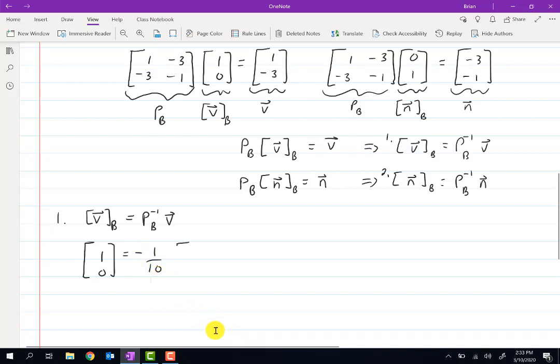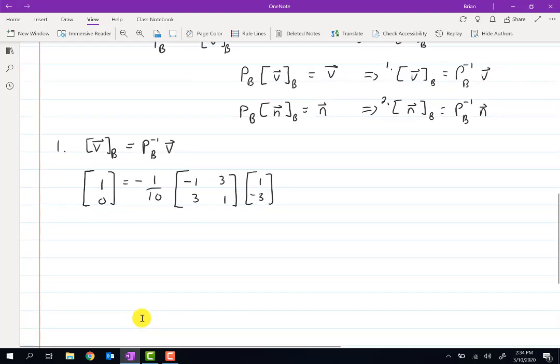The inverse of a 2 by 2, you remember you swap entry 1, 1 with entry 2, 2. So I get a -1 in the 1, 1 spot and a +1 in the 2, 2 spot. And then you take the negatives of the 1, 2 and the 2, 1 entries. And the velocity vector was 1, -3.